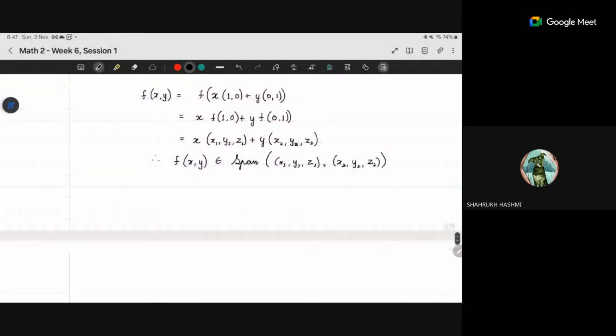And what is the dimension of this span? Two. Should it always be 2? It can be one, so less than or equal to 2. Since the target space R3 has dimension 3, there will definitely be vectors outside this span. And those can never be images of f, right?